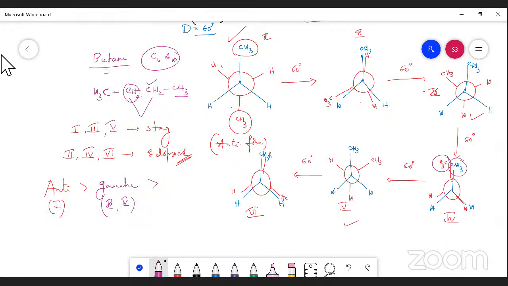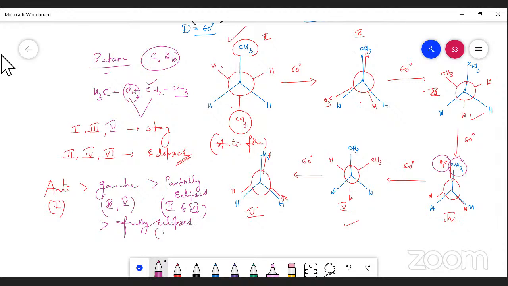So after those, what is the next step? Partially eclipsed structures. What are the 2 partially eclipsed structures? They are 2 and 6. After that, fully eclipsed.